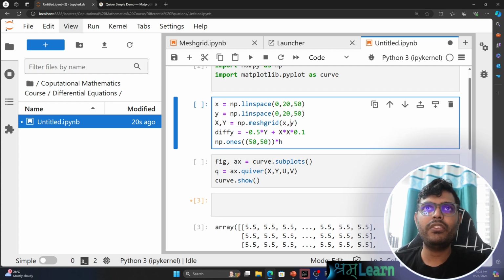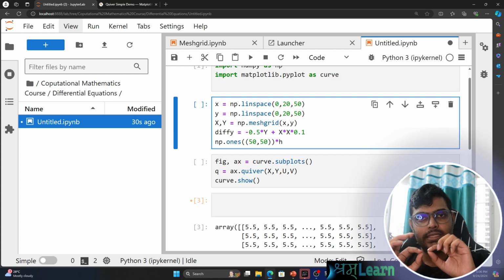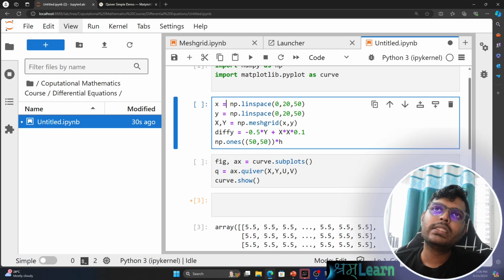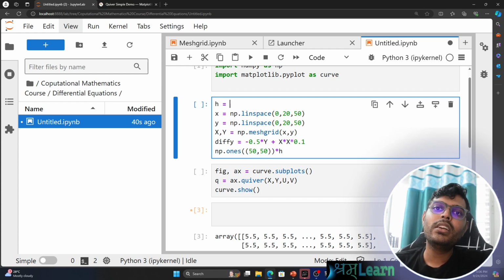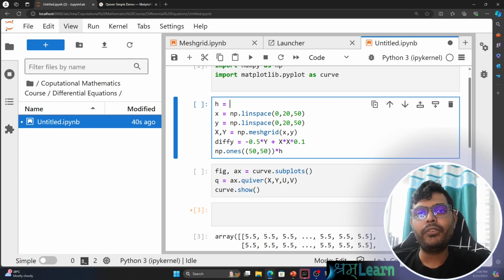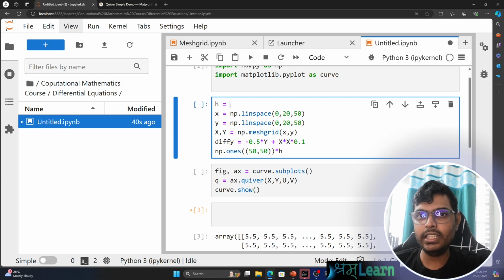H, we have discussed what h was. The solution that we are finding, its step size. Step size means, what is the next point? How far is the next point along the X dimension? On the x-axis, how far the next point would be.